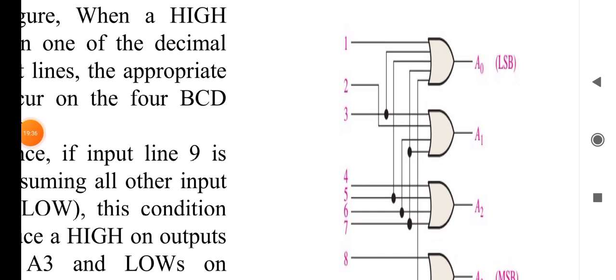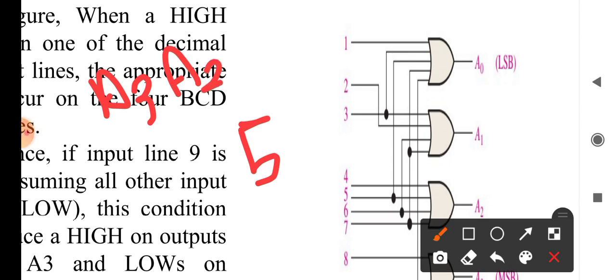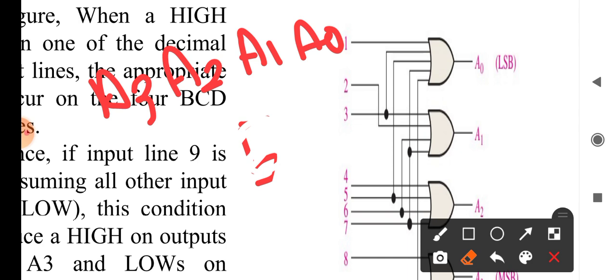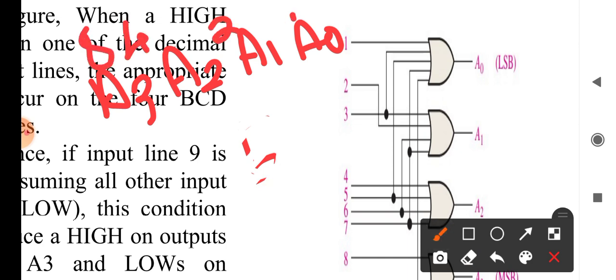So 5, A3 A2 A1 A0, with weights 8 4 2 1, is 0 1 0 1. Once the 5 is active high, the output we have to get is A3 should be 0, A2 should be 1, A1 should be 0, and A0 should be 1.